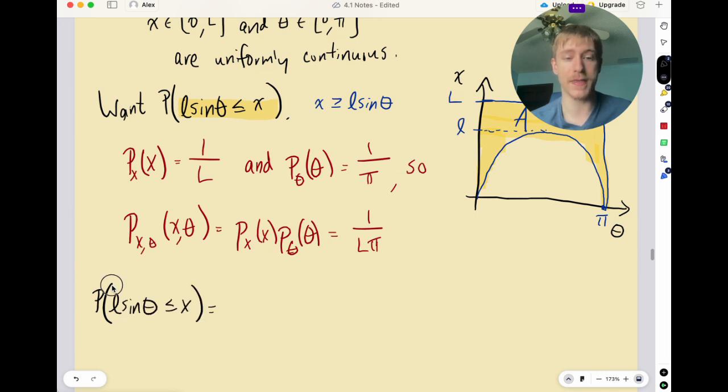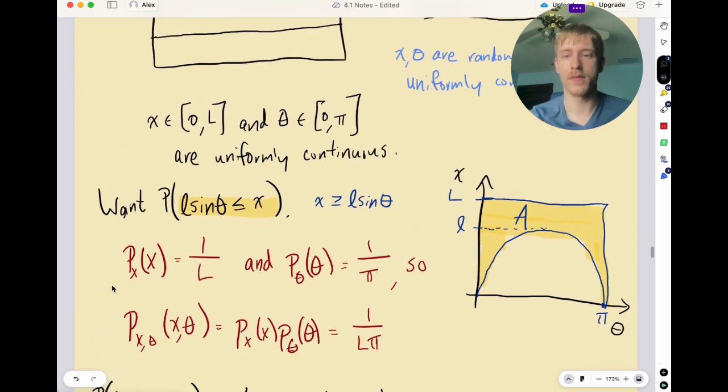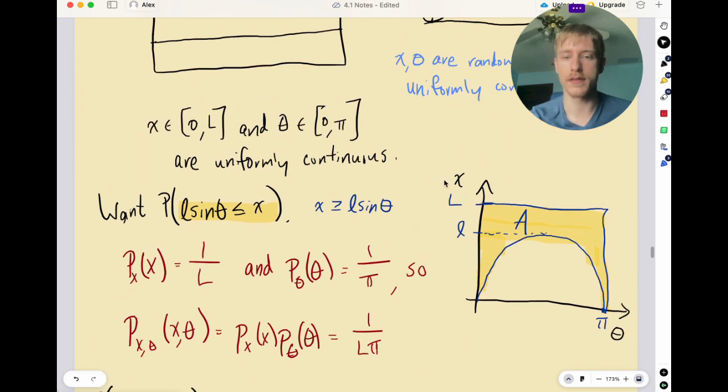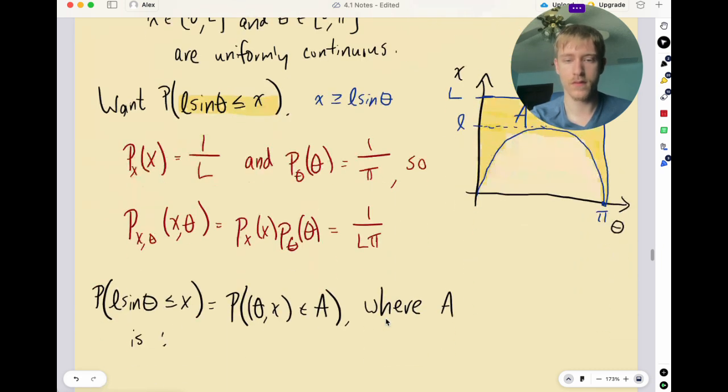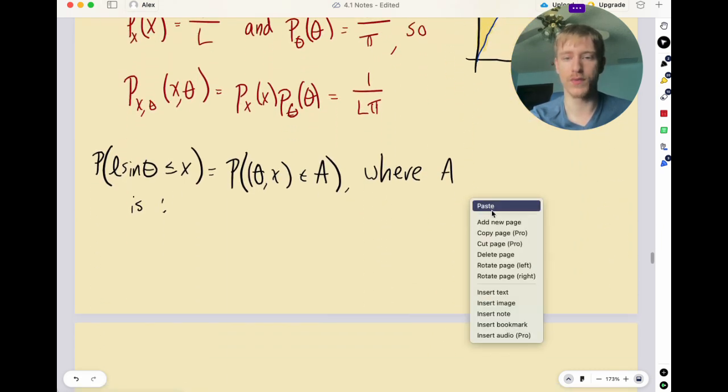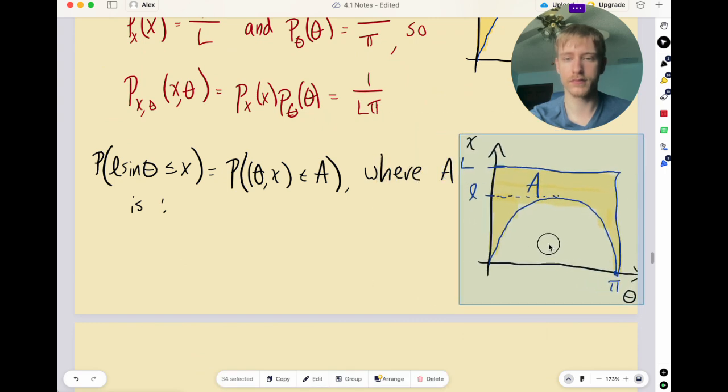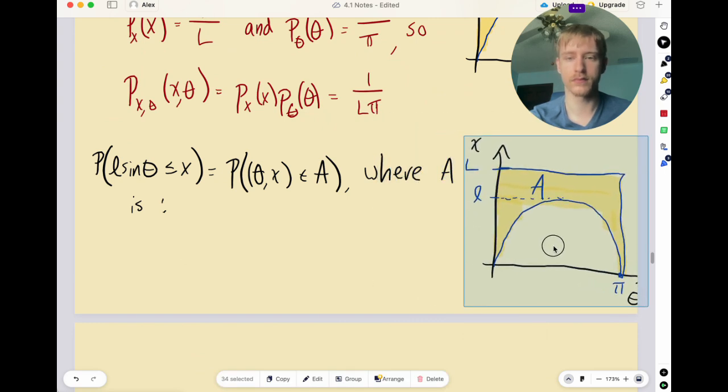That's the same thing as the probability that the ordered pair theta comma x is in a region which I'll call A, where A is this region.